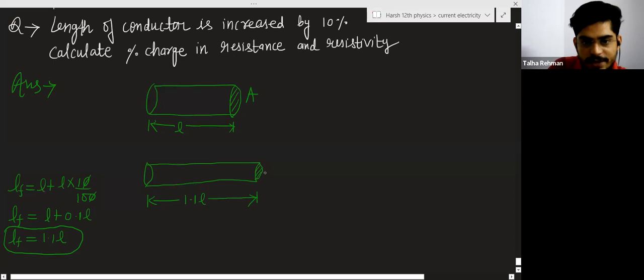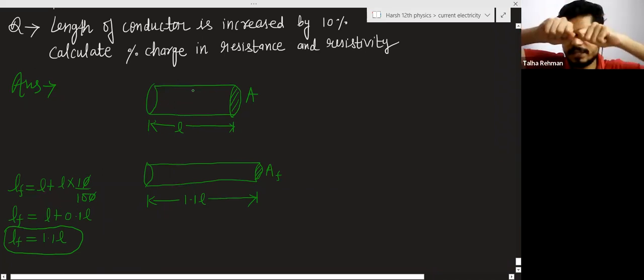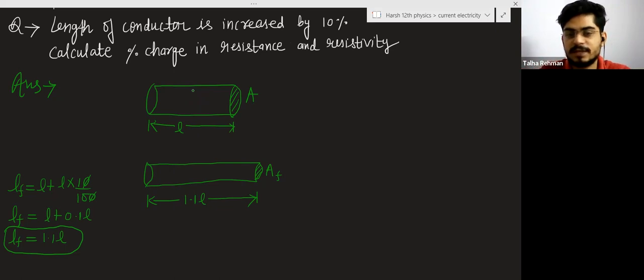But we don't know the area of cross section. I am supposing A final is the area of cross section finally. We know that if this is a pen and I am stretching it, the length of this pen is increased, but the volume will remain the same. Volume will not change.